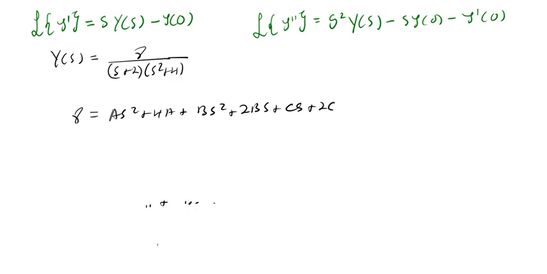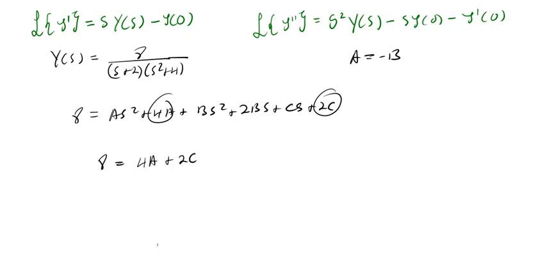Then the s squared terms, we can equate them to 0. So it simply means a equals minus b. Then for constants, we have 8 equals 4a plus 2c.